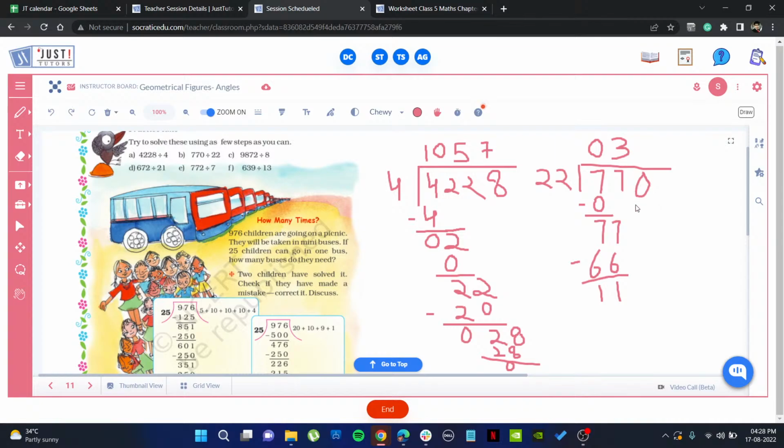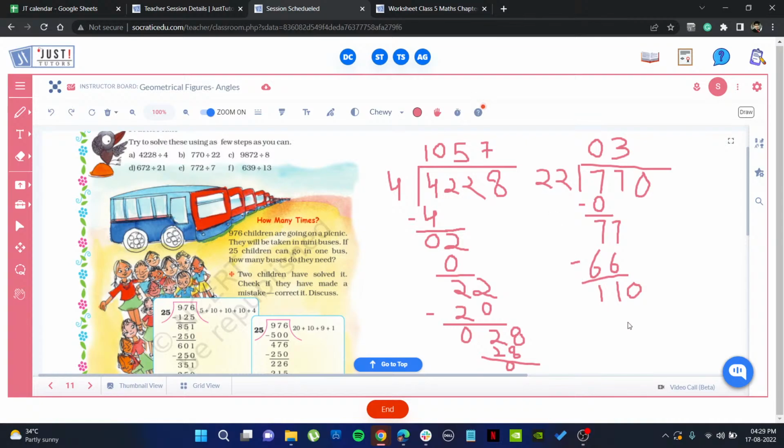Now the next step is to bring it down. What we are supposed to bring down? We are supposed to bring down this 0. So let's write down 0 here. Now the next number which we have to divide is 110. Does 110 come in the times table of 22? Yes. For that, we should times 22 by which number to get 110?